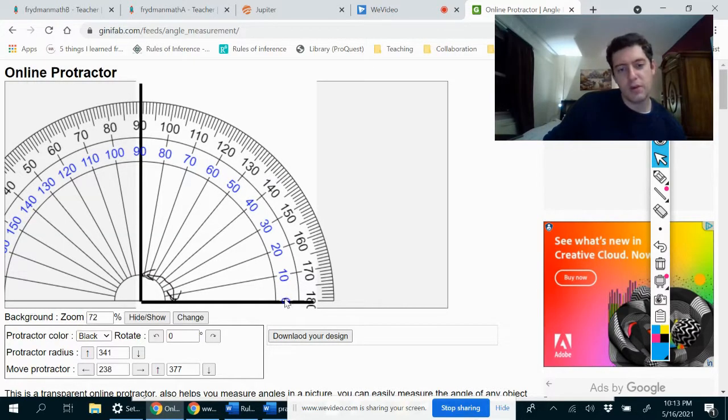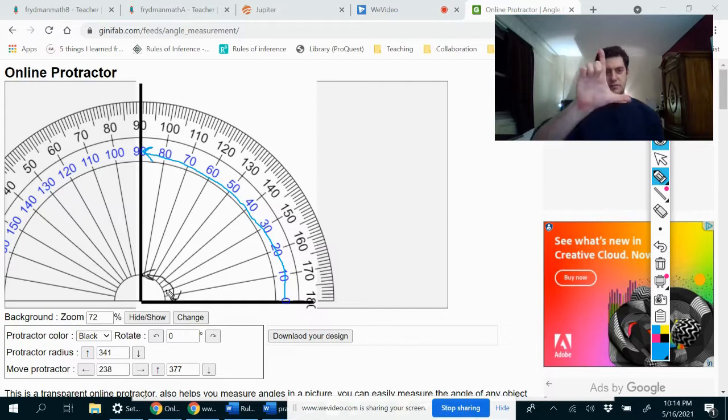So I want to start with 0 and use this set of numbers, follow this set of numbers up until I get to the line. And it looks like this line is going exactly through 90 degrees. So this is a 90-degree angle there.